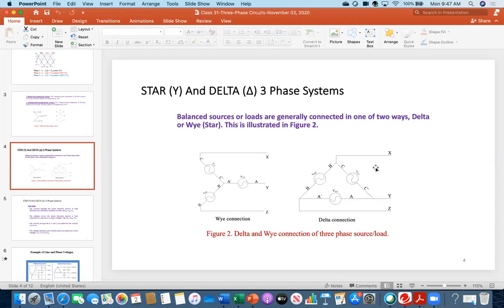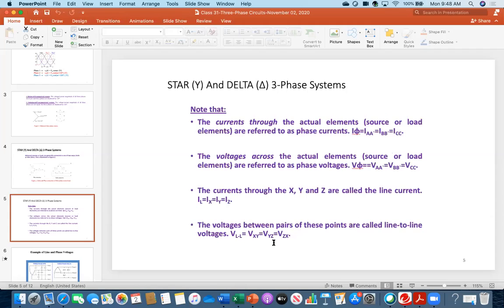When you are measuring the voltage between C and C prime, these 2 points, it is called the phase voltage. But once you connect the voltmeter between point X and Y, you call it the line to line voltage. The voltage between pairs of these points is called line to line voltage, VLL.